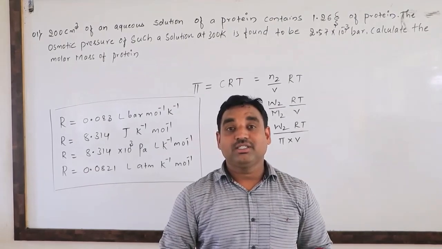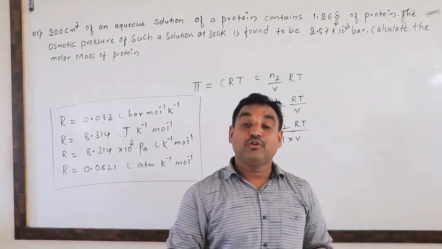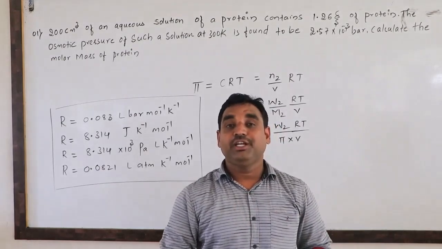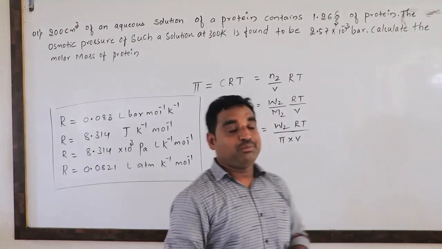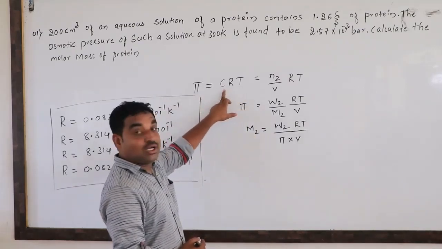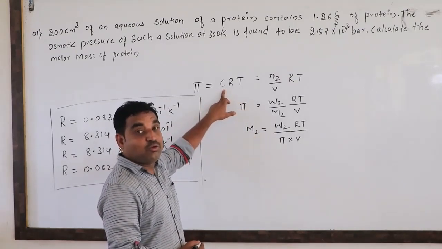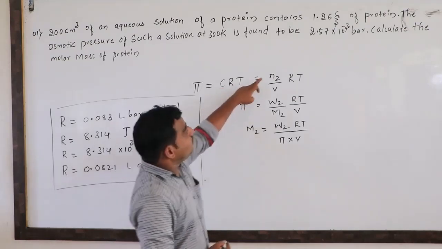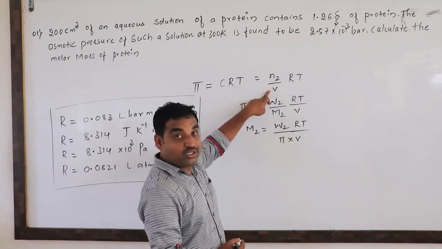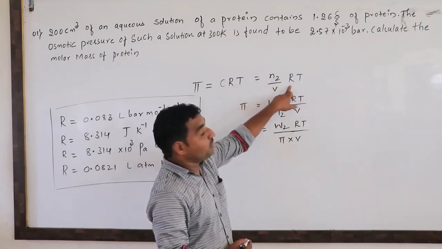Yes, now we discuss the problems on the fourth colligative property, that is osmotic pressure. Before going to that, we need to know the formula for osmotic pressure. As we already know, pi is equal to CRT. C is the molar concentration, that is molarity. So C is equal to n2 divided by V, the number of moles dissolved per liter of solution. So pi is equal to n2 divided by V into RT.